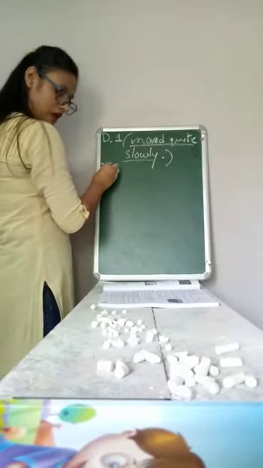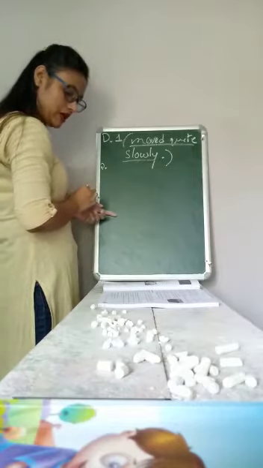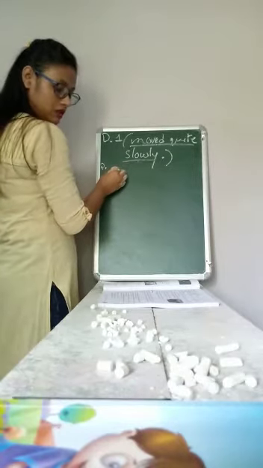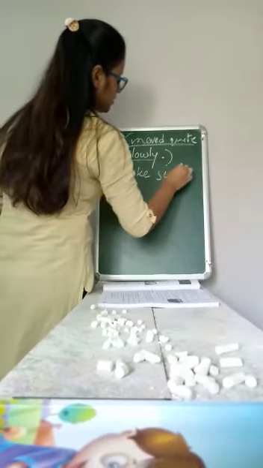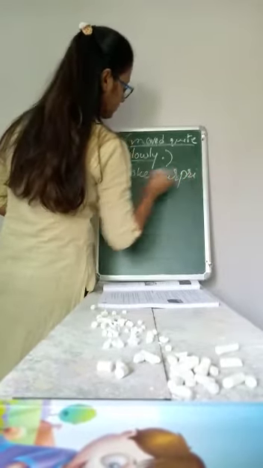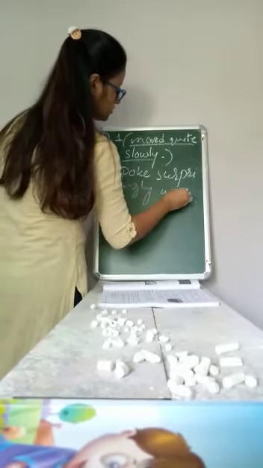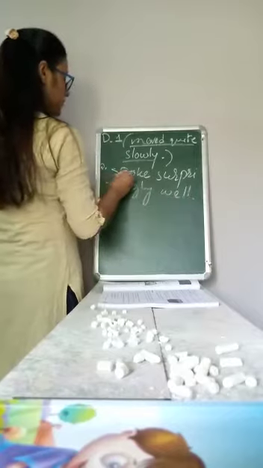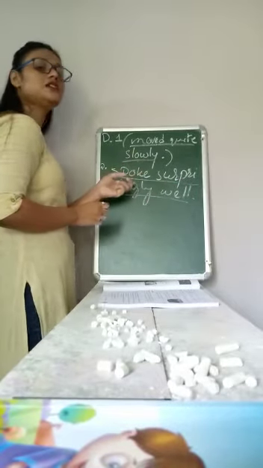Number 2: he spoke surprisingly well. The answer will be spoke surprisingly well. This is the adverb phrase. Spoke is the verb, and how did he speak?